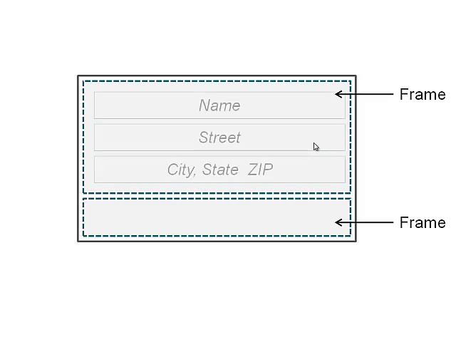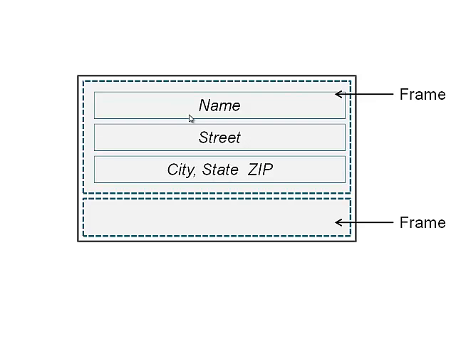In the top frame, we're going to create three label widgets, one to hold the name, one to hold the street, and one to hold the city, state, and zip. And then in this bottommost frame, we're going to put the two button widgets in it.